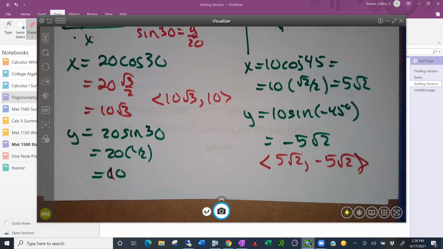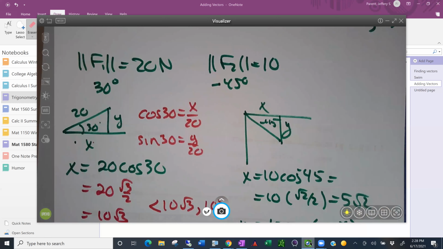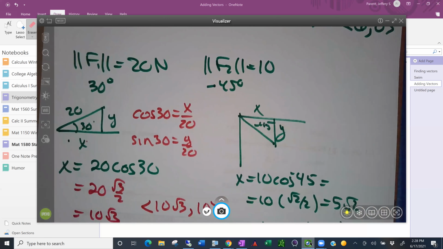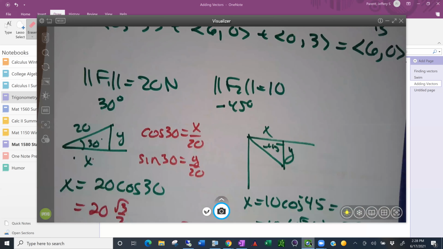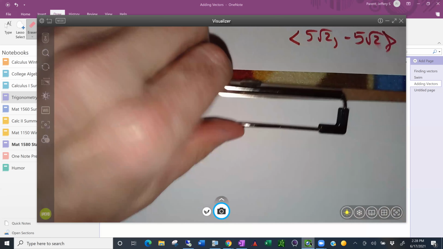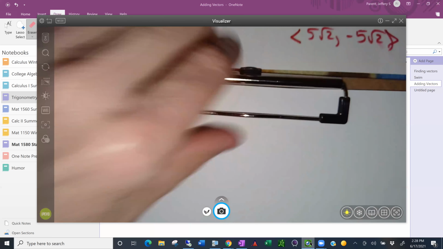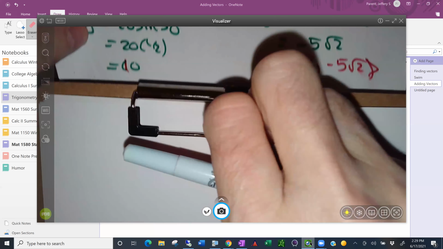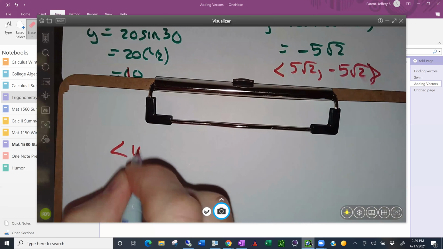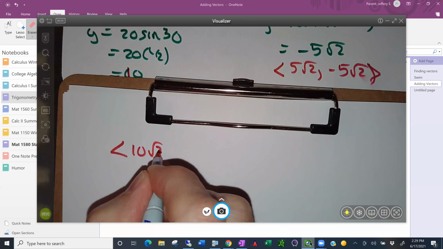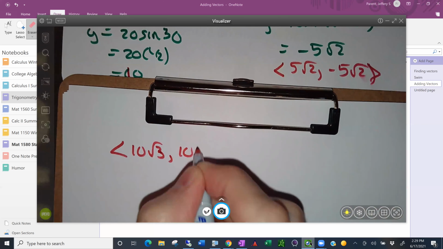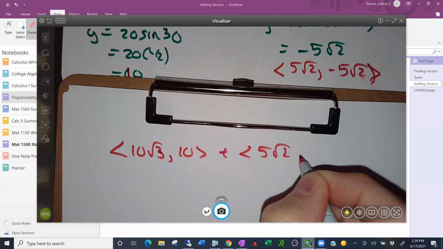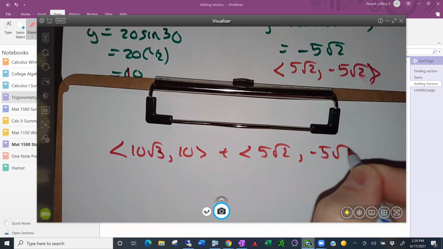To finish this up, I need to add these together. And that's the easy part, although writing it won't be terribly easy. So 10 square roots of 3 and 10, plus 5 square roots of 2 and negative 5 square roots of 2.